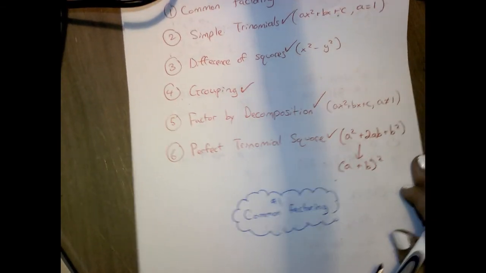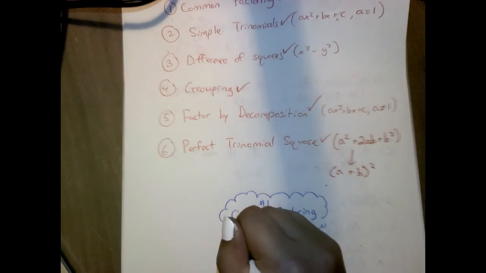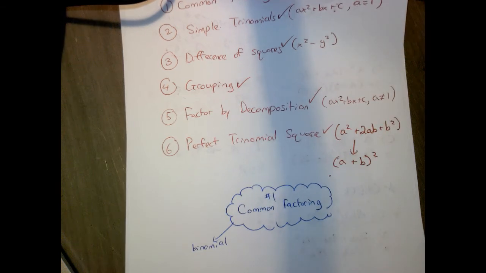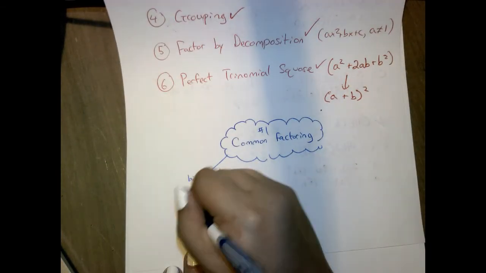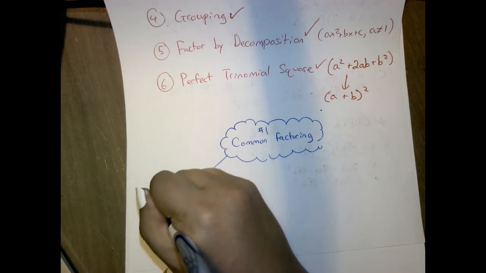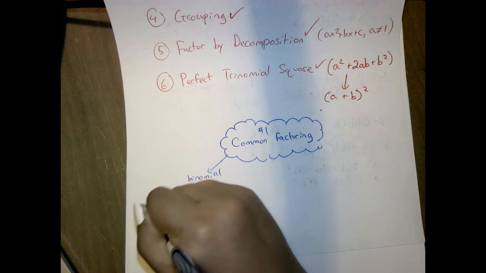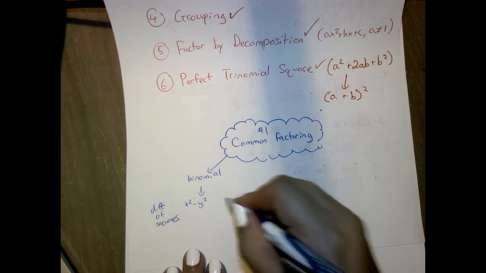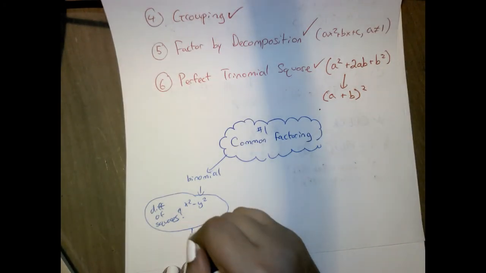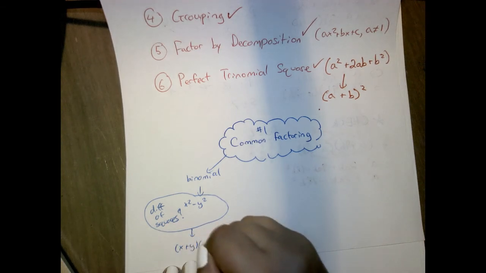Once you're done looking at common factoring, check to see if it is a binomial or a trinomial. If it's a binomial, then check to see if it is a difference of squares, right? If it is, then you can factor it as x plus y times x minus y.